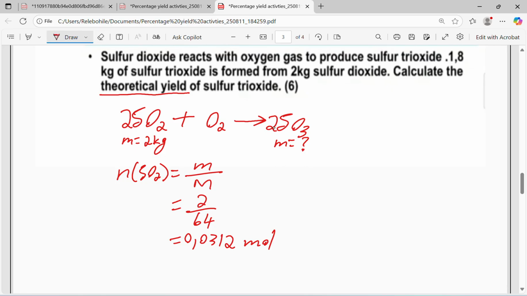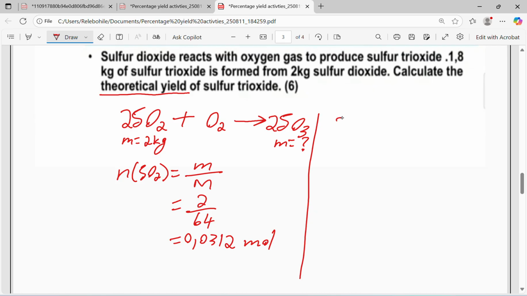When I look at my ratios, guys, I'm gonna deal with the ratio of the substance that I have information about and the one that I don't have information about. So here we see that I have information about sulfur dioxide. I know the mass of sulfur dioxide. I also know the number of moles, but the main thing I want are the number of moles of sulfur trioxide.